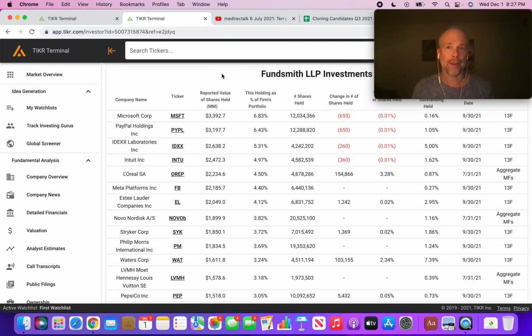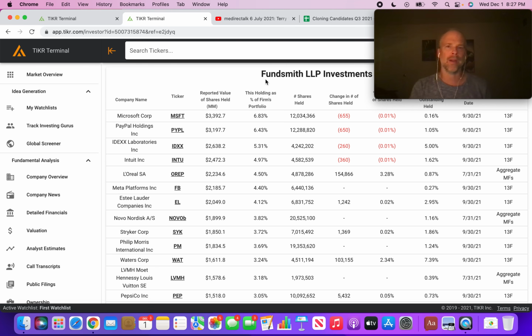The one other element that I want to add here is industries that we're going to be looking at. Fundsmith is very focused on the industries where it will look for opportunities.